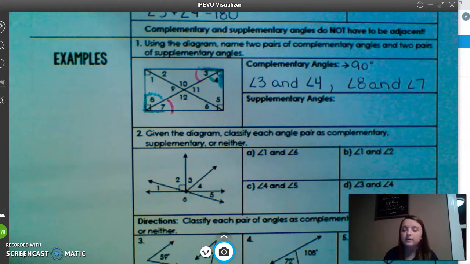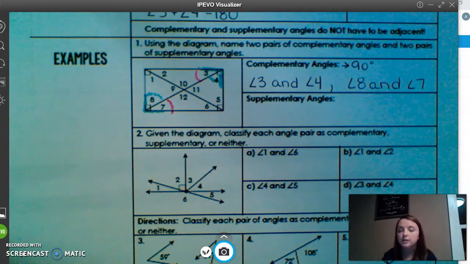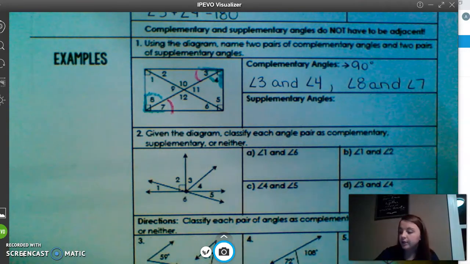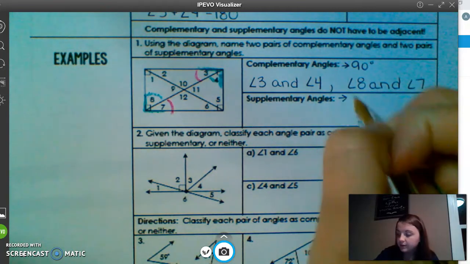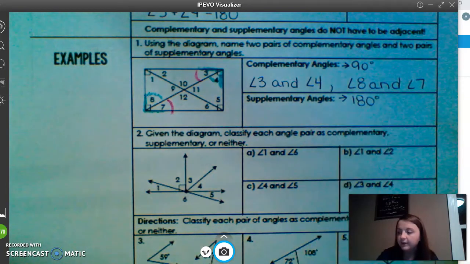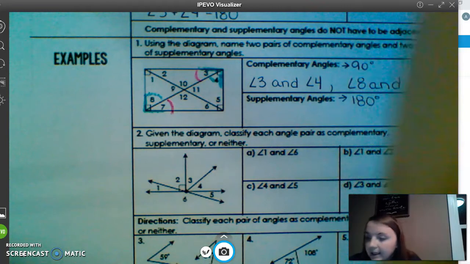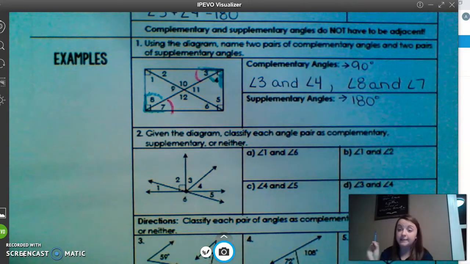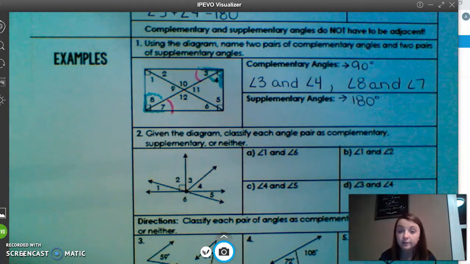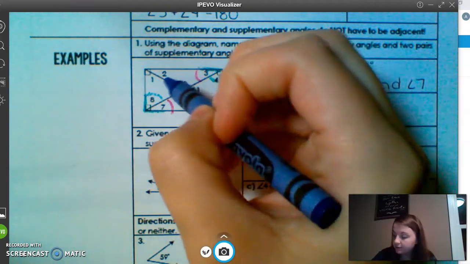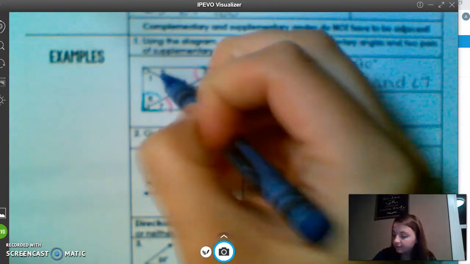Supplementary. So with complementary, you were looking for that 90 degrees corner of a box. Supplementary is 180 degrees. So you need to look at and find a straight line. I'm getting Emmy's crayons. I don't have my highlighters. But if I look right here, this is a straight line, right?